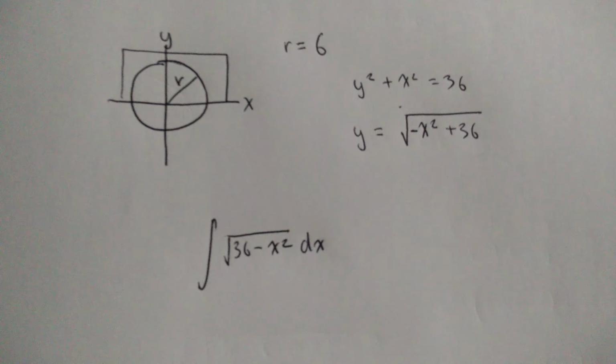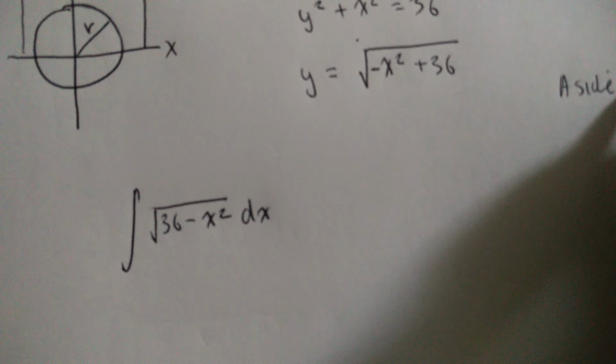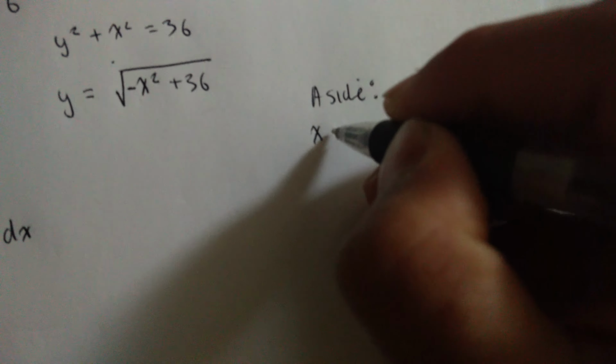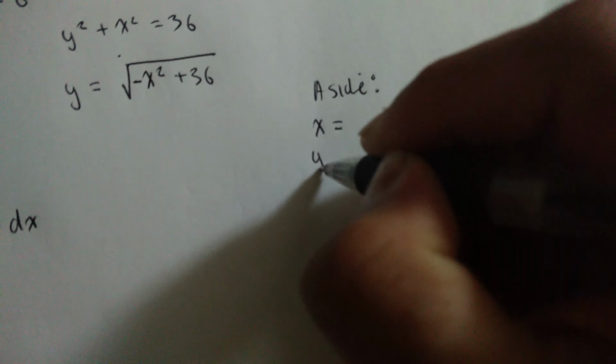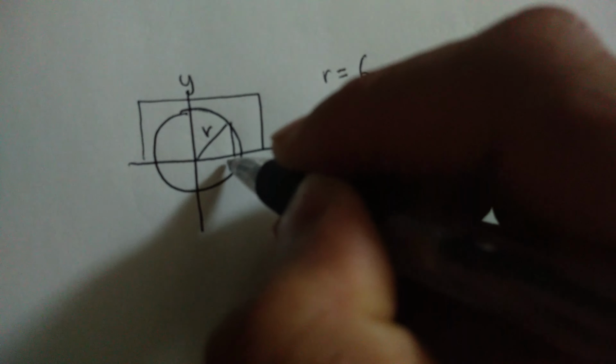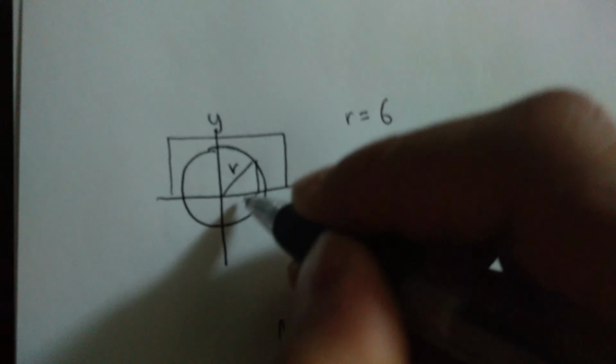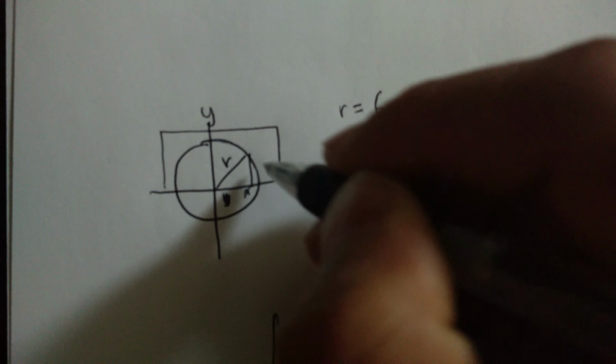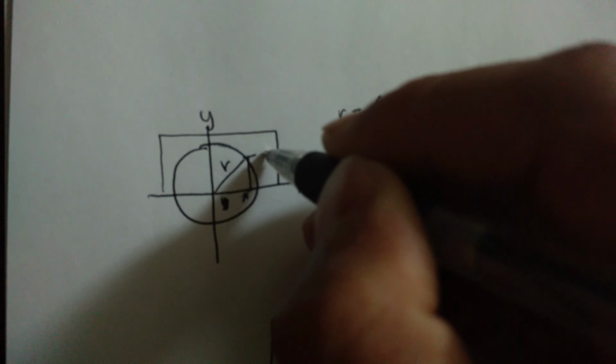Now let's make it easier with a side note here: x in terms of theta and y in terms of theta. Right here we can see that this is x and that is the y.